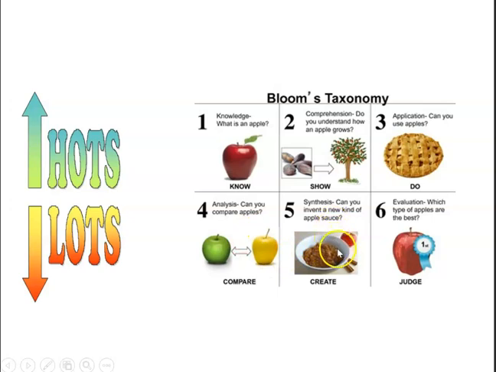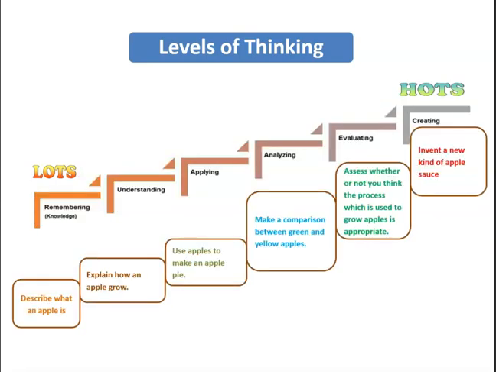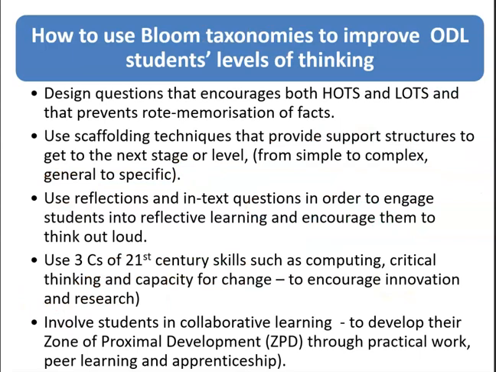To synthesize, they need to create something: can you invent a new kind of apple sauce? And for judging, they think about which type of apple is best, the red ones, the yellow ones or the green ones, and they have to judge. So at each level of thinking, students have to remember, explain, use, compare, assess, and then innovate and invent.